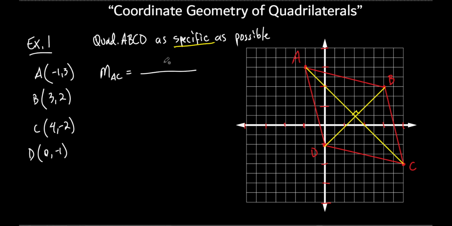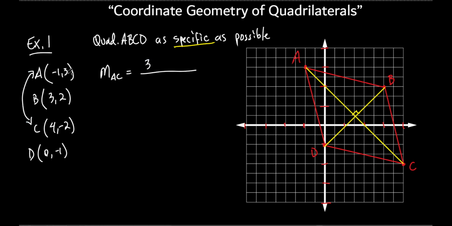So we subtract the Y's from each other. We're looking at line AC, so here's A and there's C. What do we subtract on the top? The Y's. It doesn't matter what order as long as you subtract the X's in the same order.